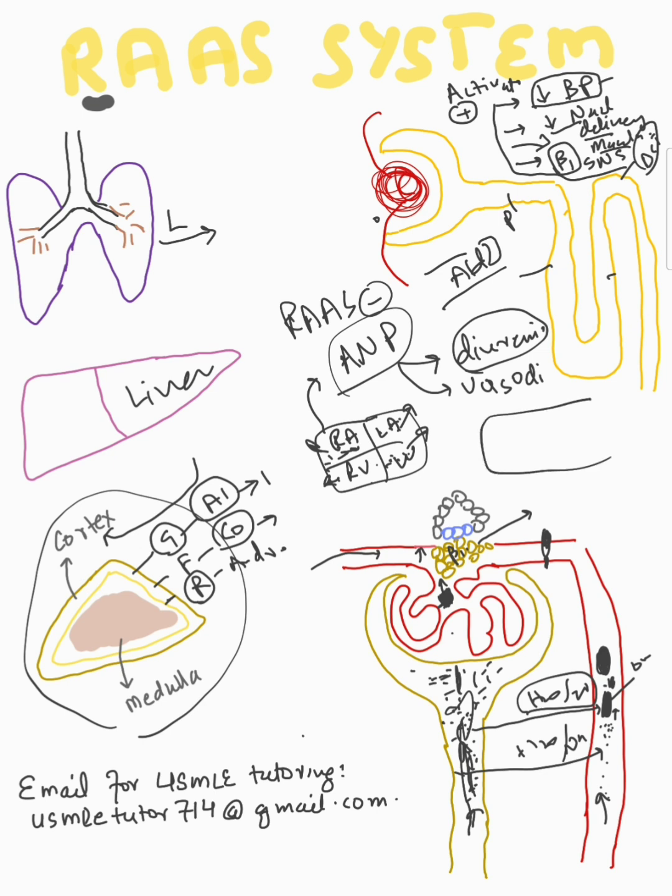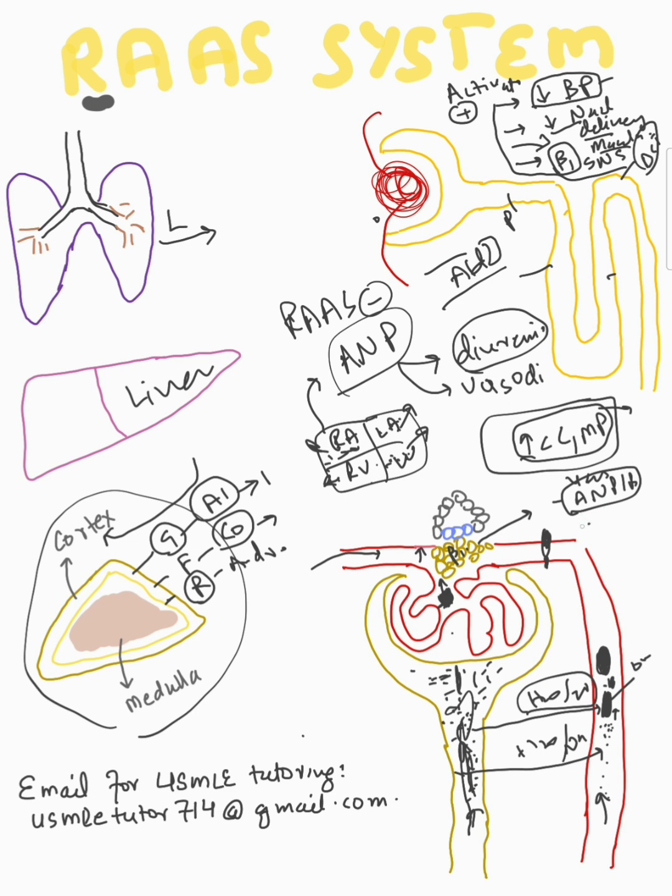The way it does this is by increasing cyclic GMP. Whenever you hear cyclic GMP as the second messenger, it is often a vasodilator. There are two things you need to know about cyclic GMP. One is ANP and BNP, which act through cyclic GMP and cause vasodilation.